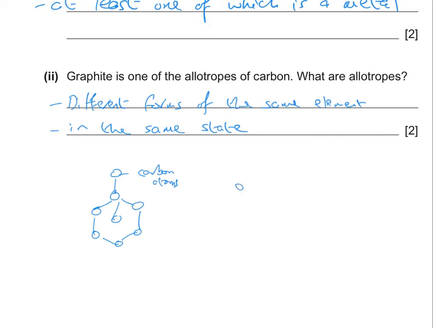And then graphite which contains 6 carbon atoms forming a hexagonal ring. Like so, and then there are layers of those which can slide over each other. So both of these structures are made from carbon atoms, and they're in the same state. That means they're both solids.